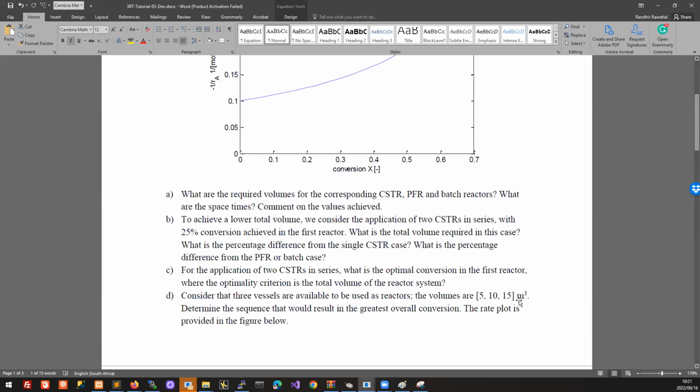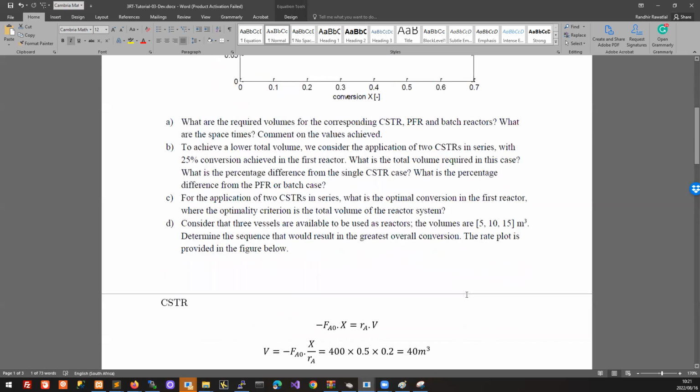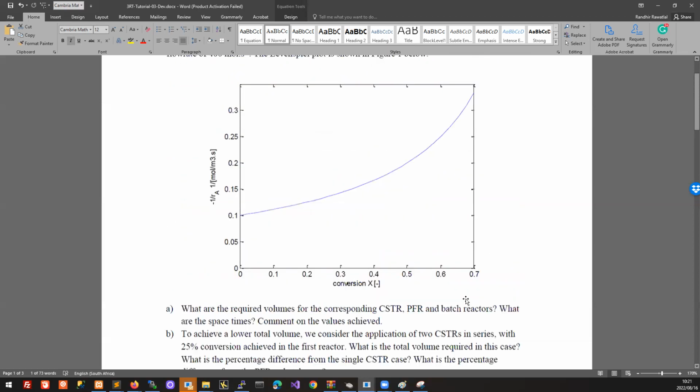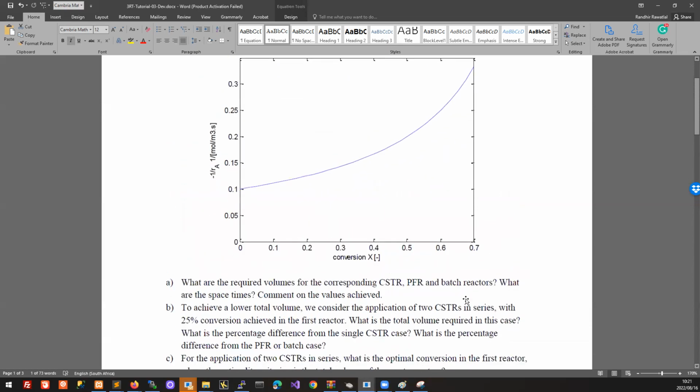Do it first 5, 10, 15, then do 15, 10, 5. And let's see if we can anticipate what will give us the best. Maybe think about the batch and the PFR, right? Which one do you think is better to have? Bigger volume first or smaller volume first?